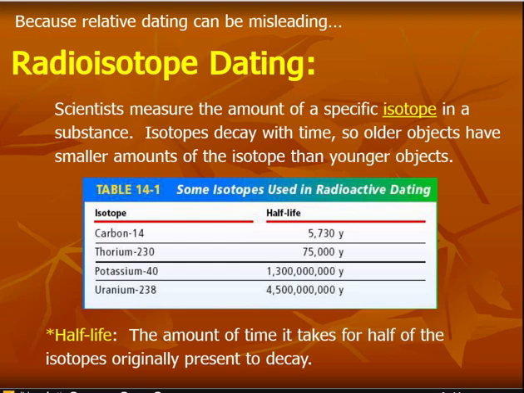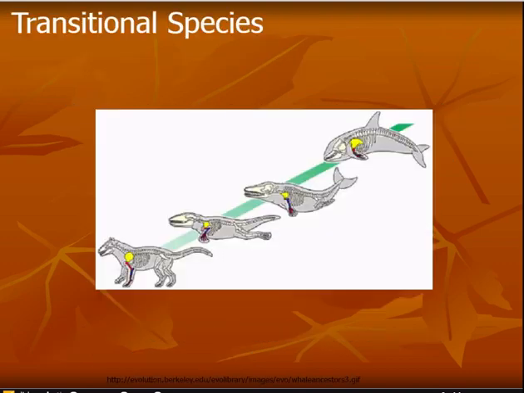Now, after another 5,730 years, this is the part that's confusing, it doesn't run out of carbon-14. You take half of that amount from the last time. So half of 50% is 25%. So after roughly 10 or 11,000 years, that woolly mammoth would be missing about 75% of its carbon-14, and about 25% would be remaining. And they can use that information to calculate backwards how long ago that woolly mammoth survived.